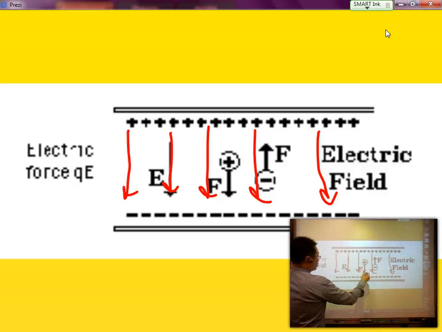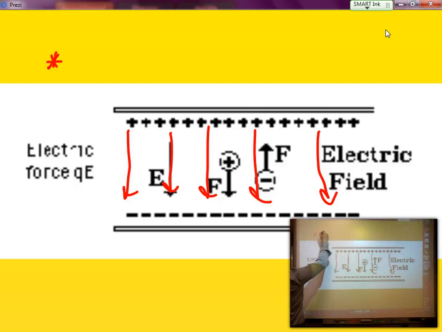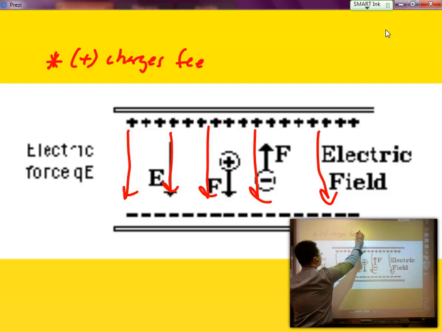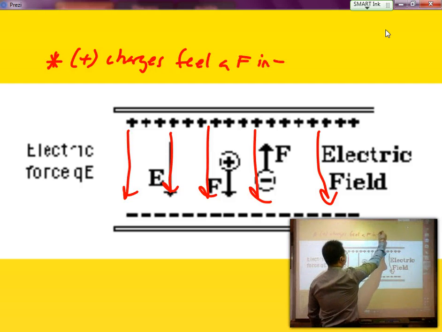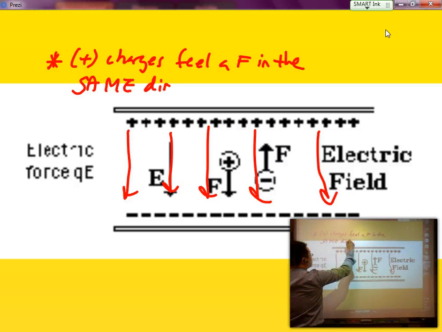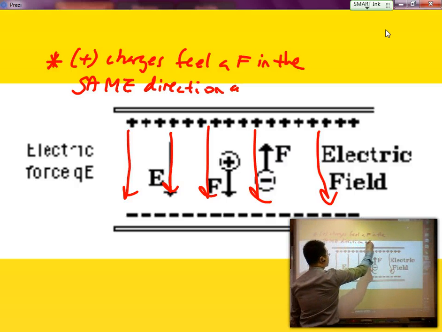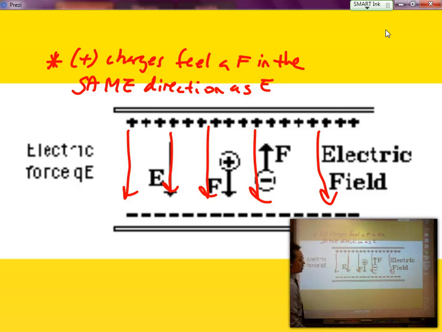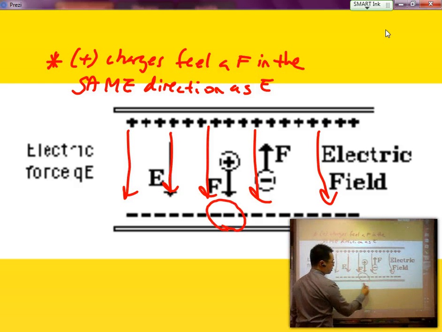Okay? But notice, the positive charges feel a force in the same direction as E. And it makes sense because it's going to be attracted towards that negative charge.